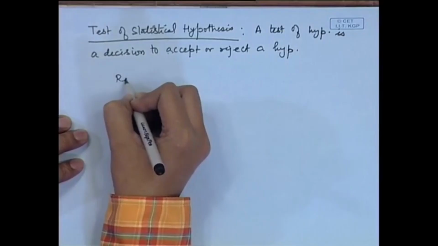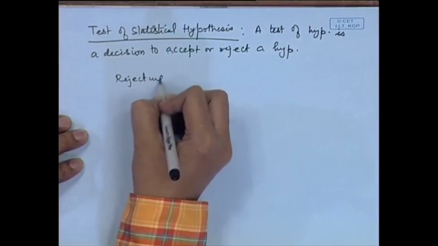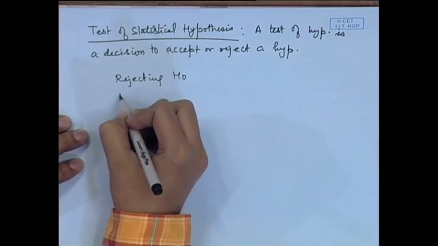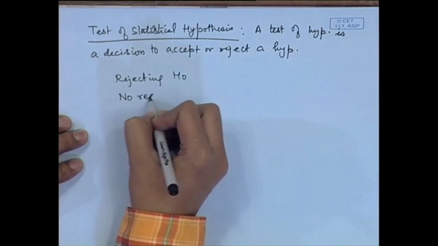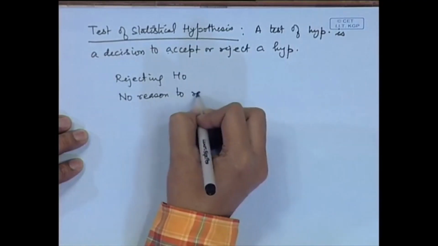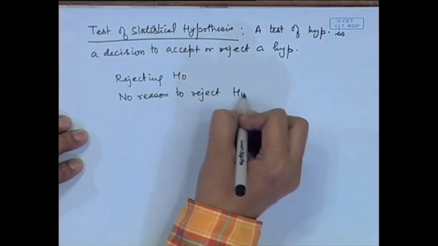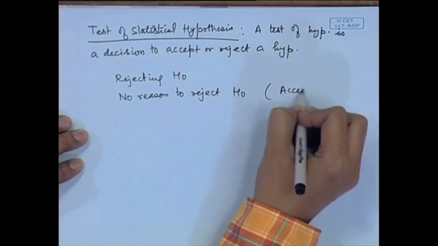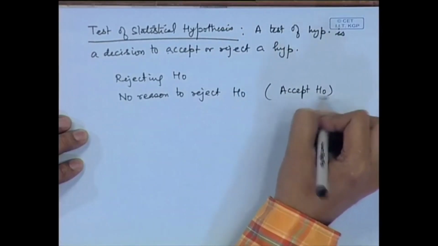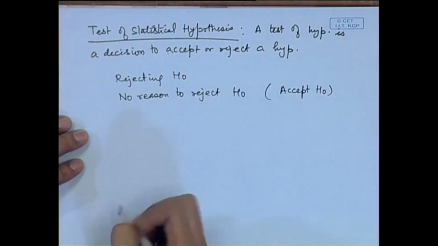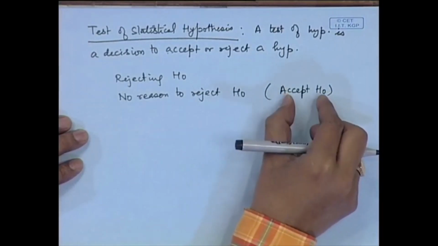So, we use the terminology rejecting H naught or no reason to reject H naught, which of course, in practical terms means accepting H naught, but generally we do not use this word here.